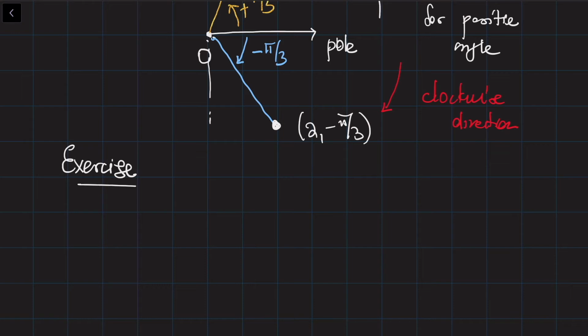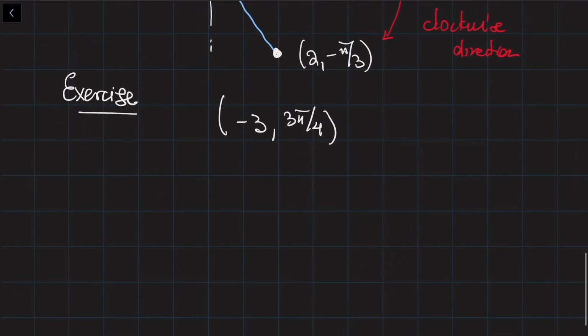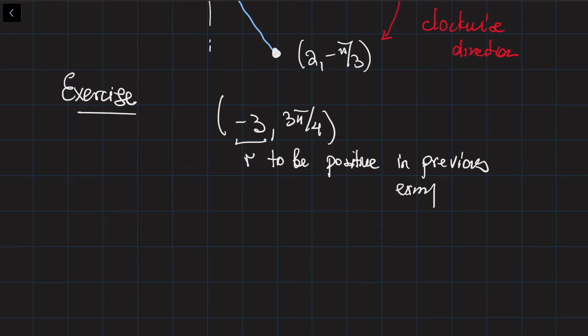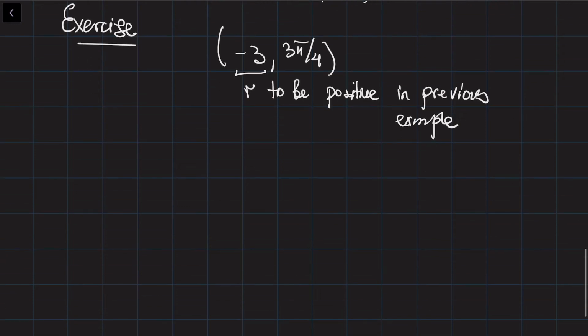So we have to draw the point with the coordinates minus 3 and 3 pi over 4. So well, previously we used to have always this r to be positive in previous examples. It appears that it's possible that r can be negative.